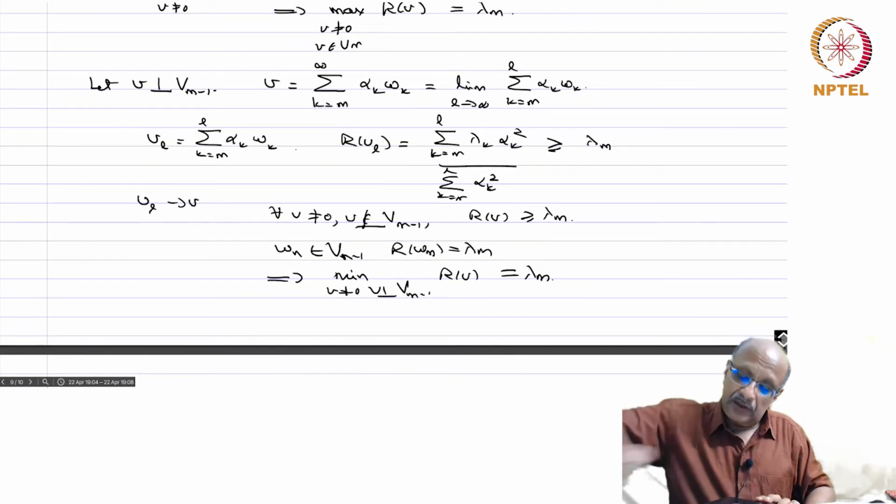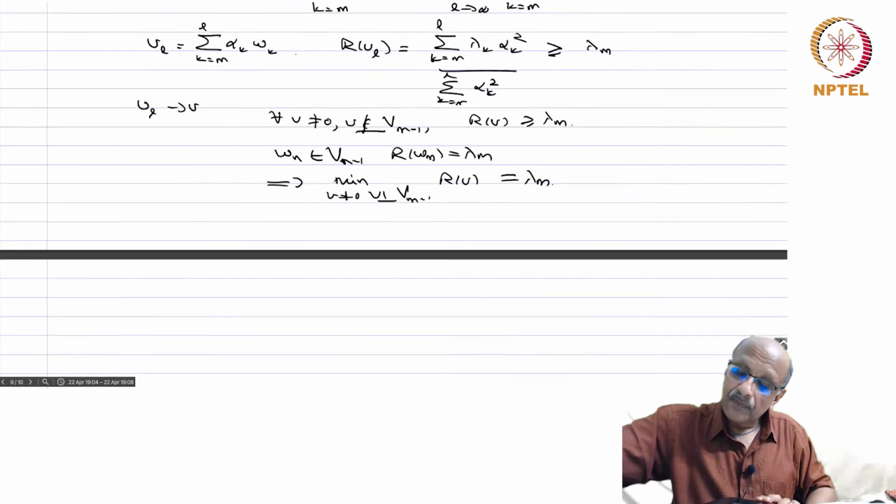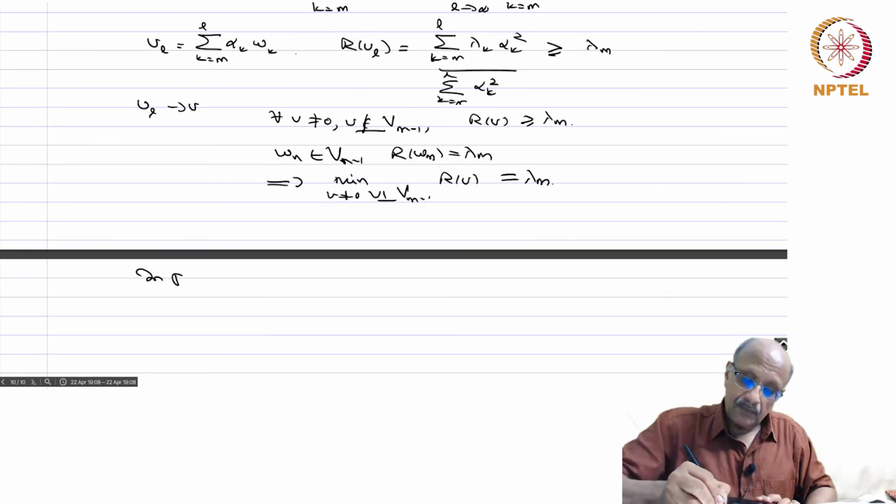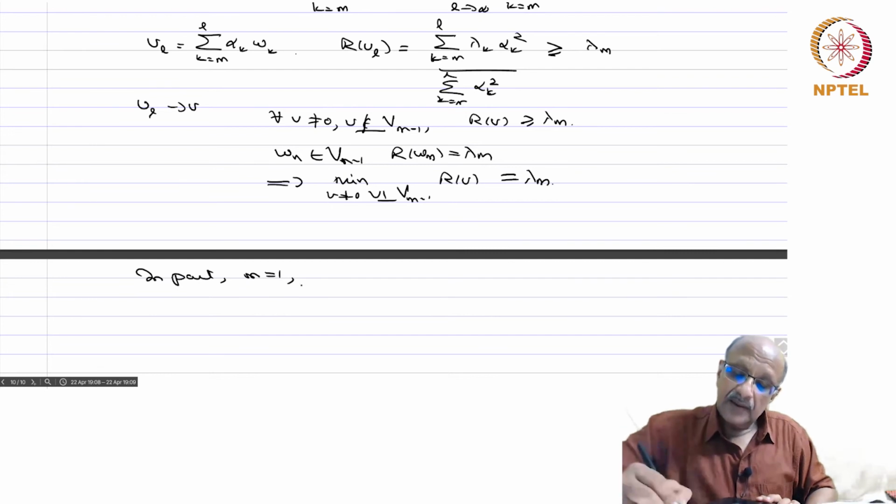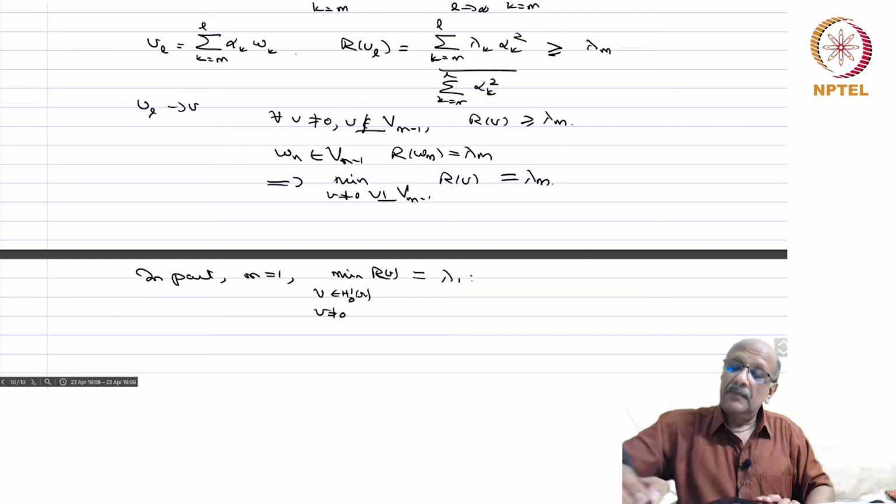And in particular, if m is equal to 1, we get that the minimum of R of v, v orthogonal to V0, that means v in H10 of omega, v not equal to 0, is in fact equal to lambda 1.